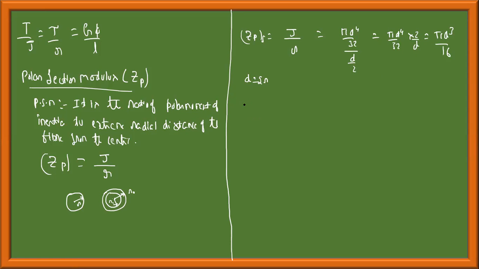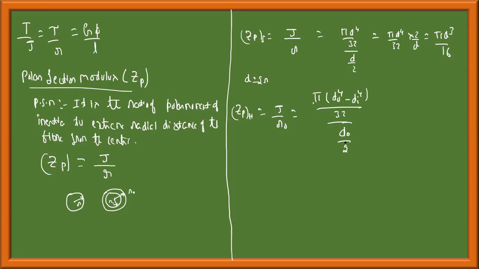That is the polar section modulus in case of a solid cylinder. Polar section modulus in case of a hollow cylinder is also J by R naught, which is equal to pi into d naught power 4 minus di power 4 by 32. I have to take the extreme radial distance from the center, that is d naught by 2.